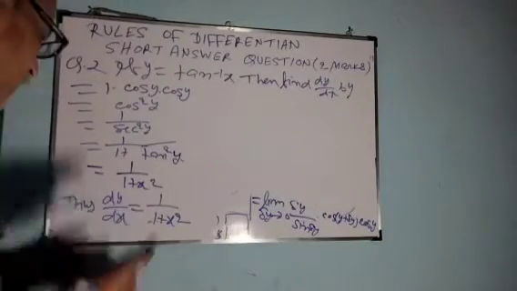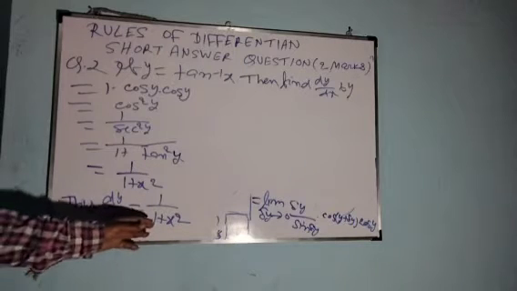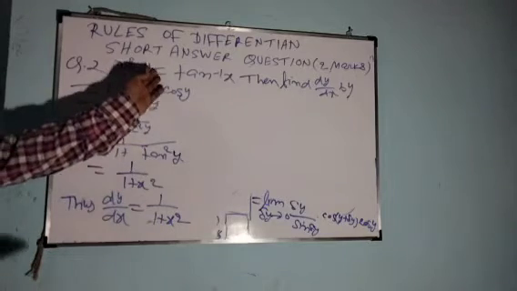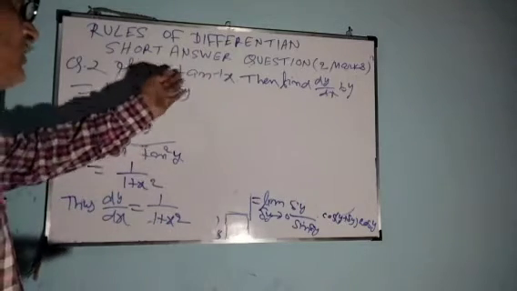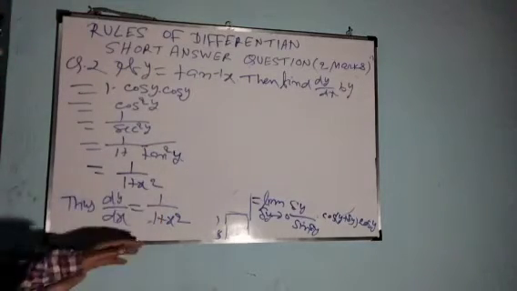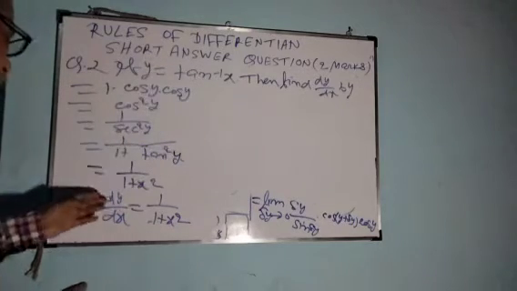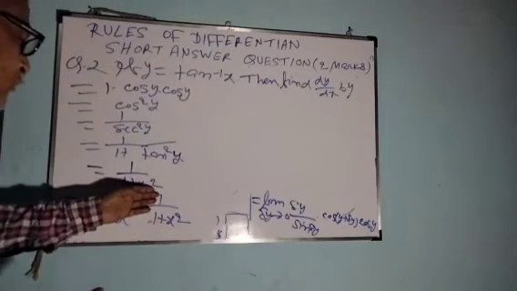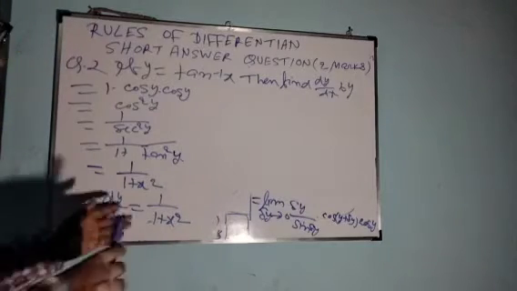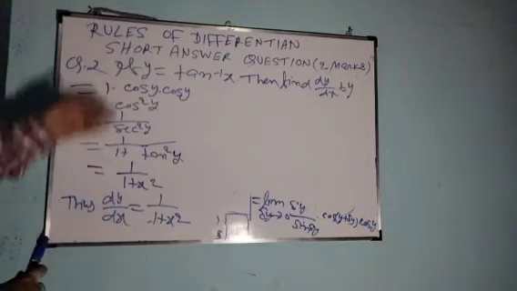This is also the differential coefficient of the standard function y equal to tan inverse x. Dy by dx is equal to 1 by 1 plus x square. This also we remember as a formula. You note it in your notebook.